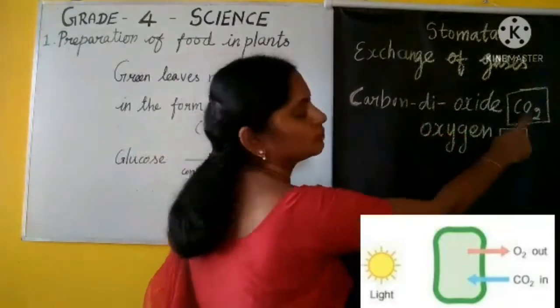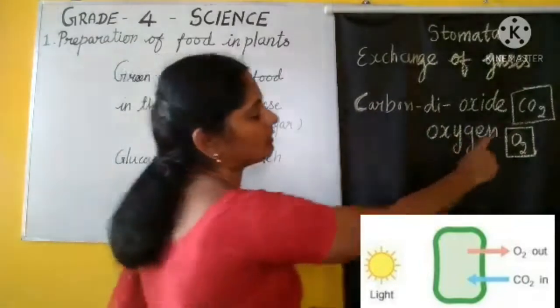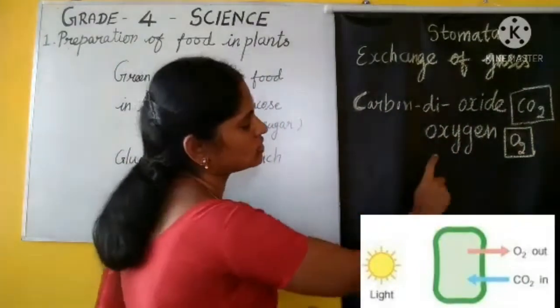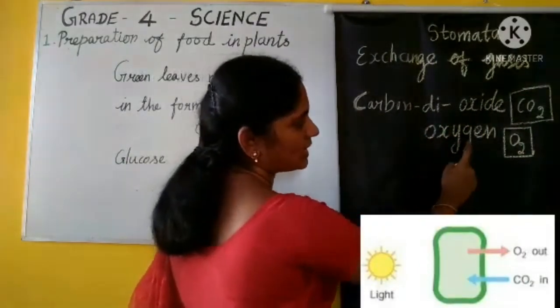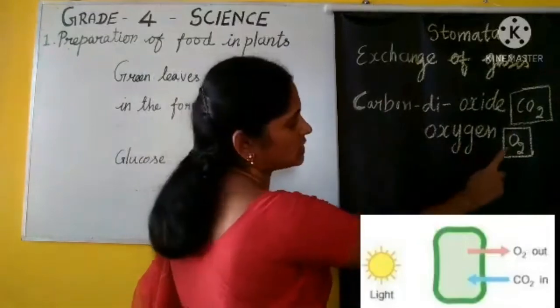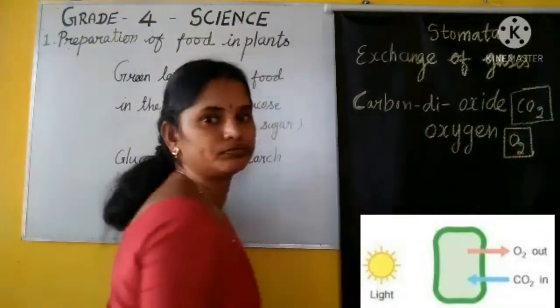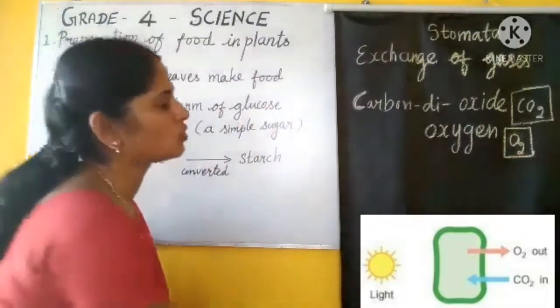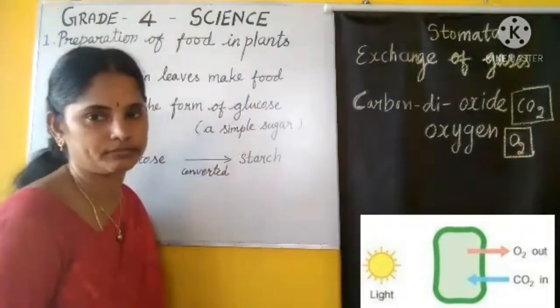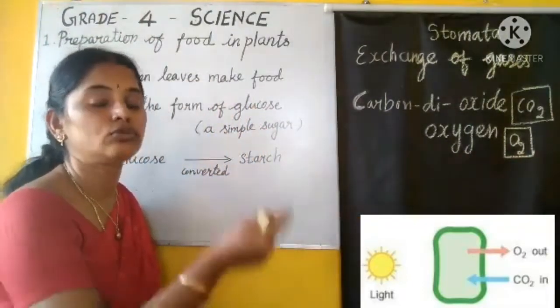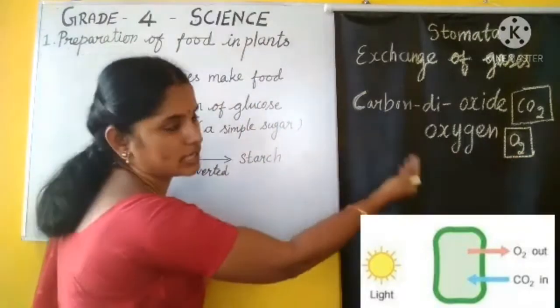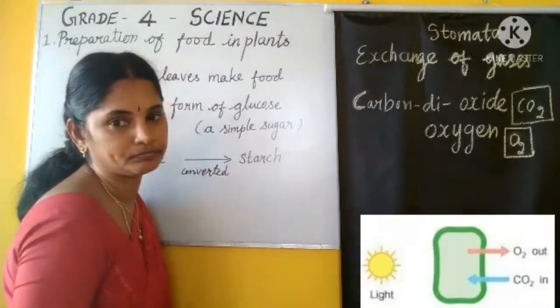Di means 2. Then for oxygen also, O2. Okay. So in this way also we can write. See, you have to know this clearly. That's why I am saying it separately.